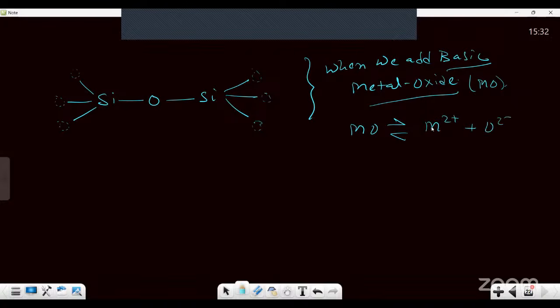Now this M2+ ion is going to break the silicon oxygen bond. This bond is going to break and this bond is going to break.